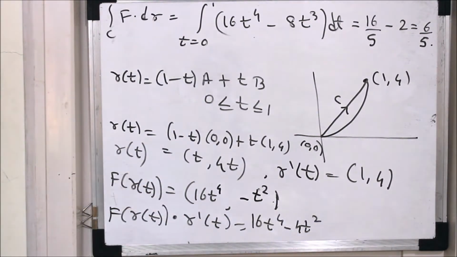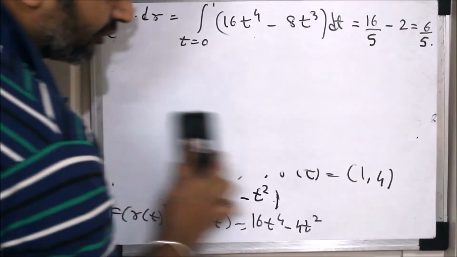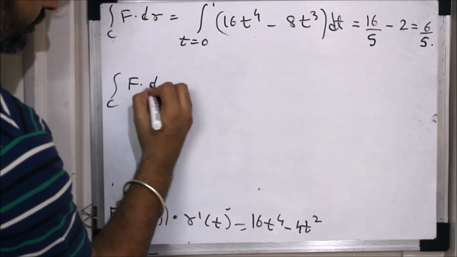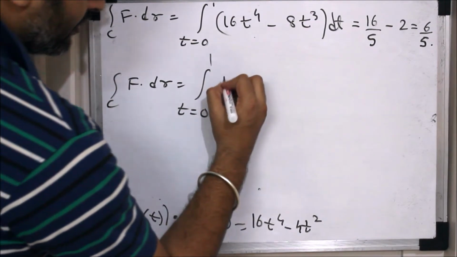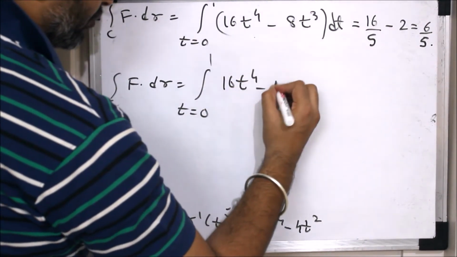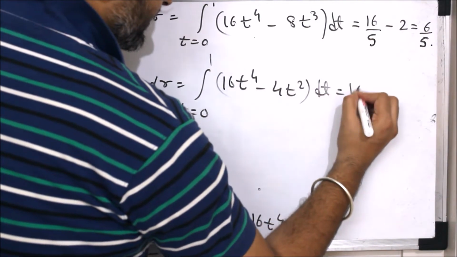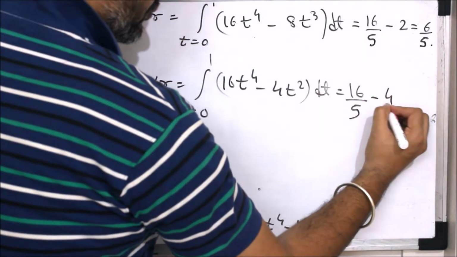And now if I integrate this, or if I do the line integral along this curve, along the straight line, what will I get? Integral over c of f dot dr, t is from 0 to 1, 16t raised to 4 minus 4t square dt, which is nothing but 16 by 5 minus 4 by 3.